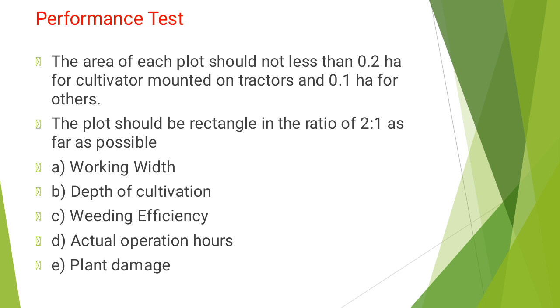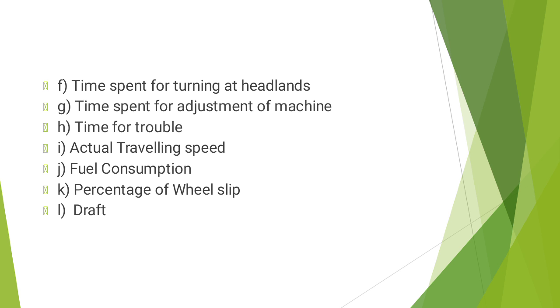The plot should be rectangular in the ratio of 2:1 as far as possible, and the following parameters should be measured during the performance test: the working width, the depth of cultivation, weeding efficiency, actual operation hours, plant damage, time spent for turning at headland, time spent for adjustment of the machine, and time for trouble. Also take the actual traveling speed, measure the fuel consumption, find out the percentage of wheel slip, and measure the draft of the implement.